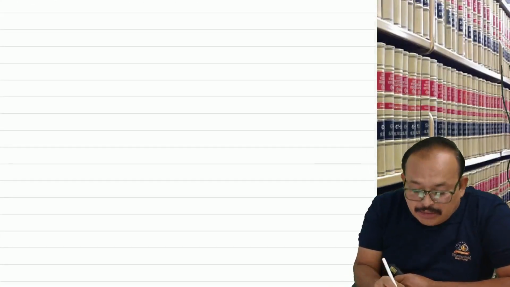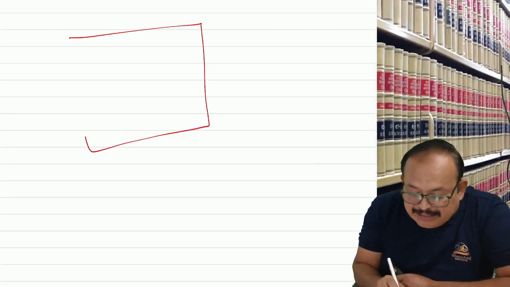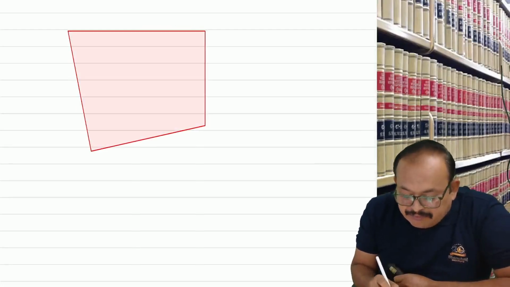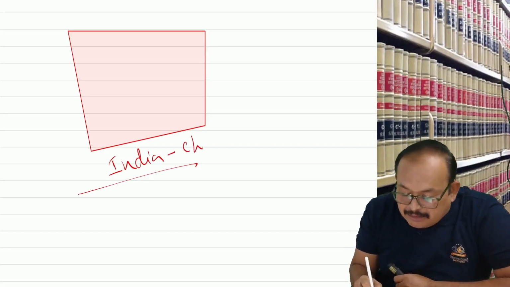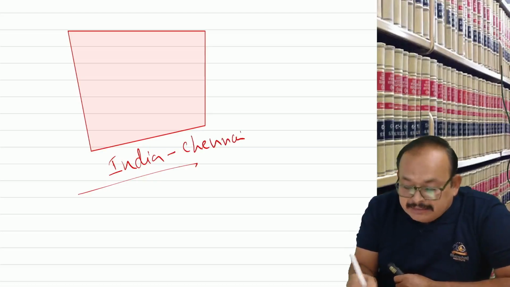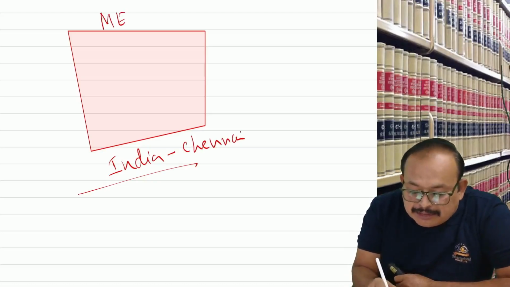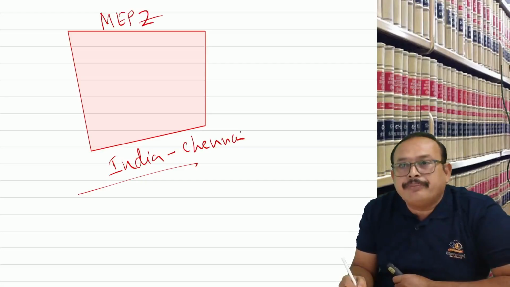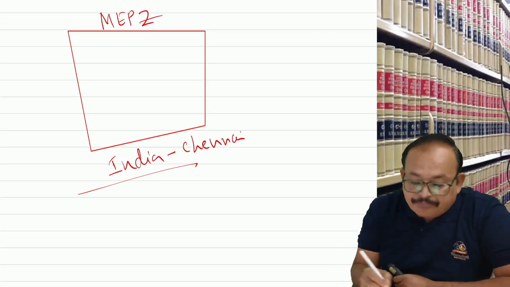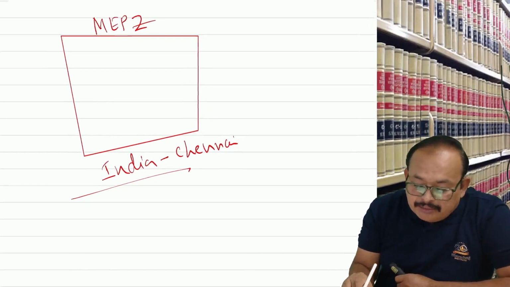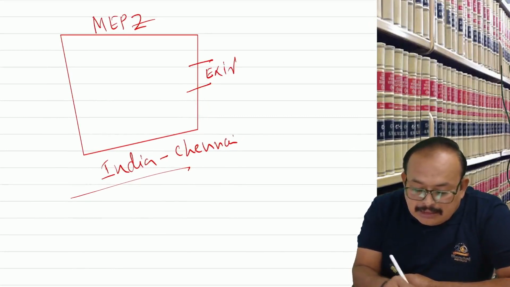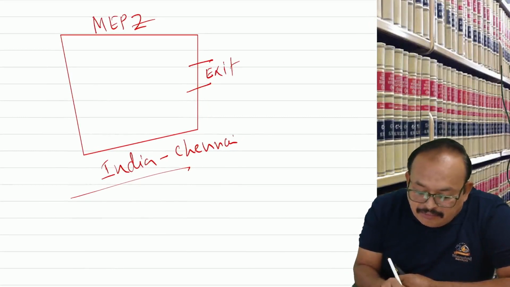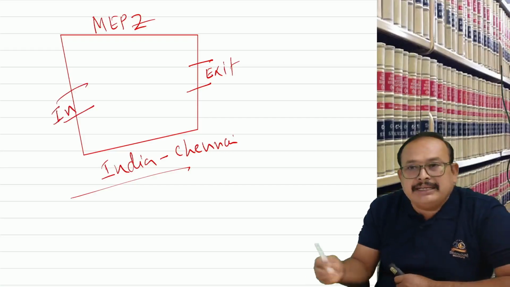Dear, look here, a specified designated area in India. We have Chennai. This area is called Madras Export Processing Zone. In this area, my dear, we have an entry and exit.